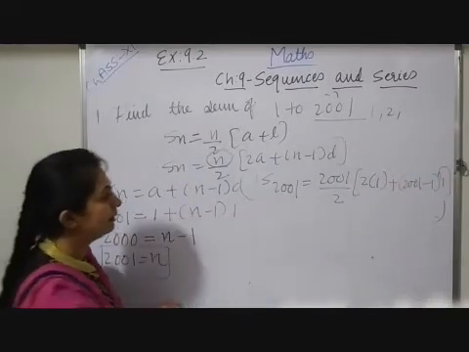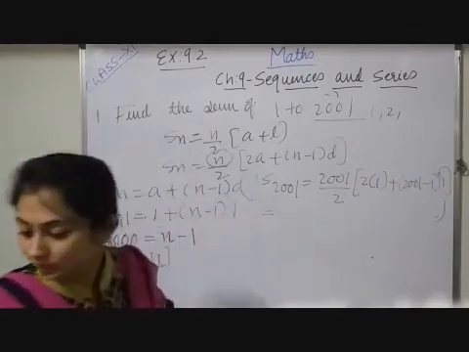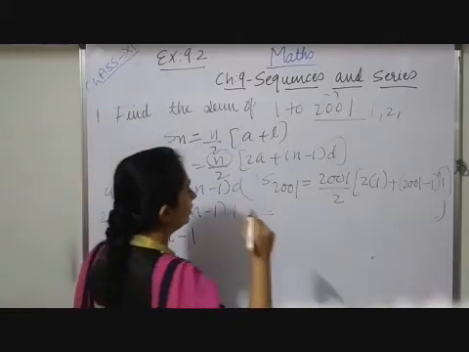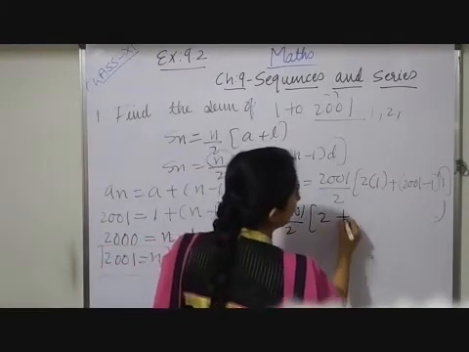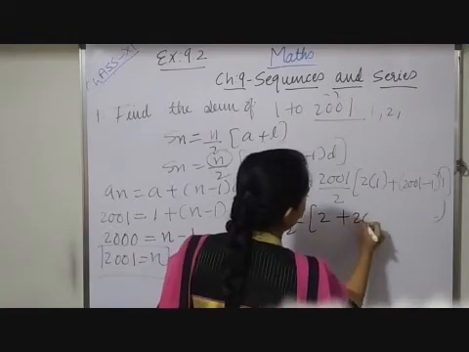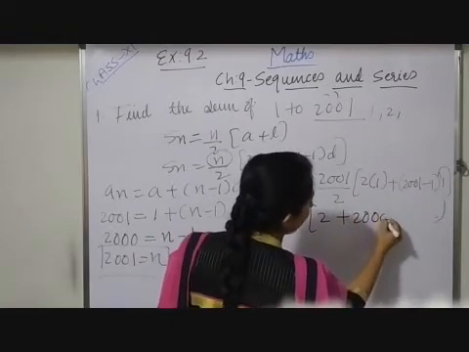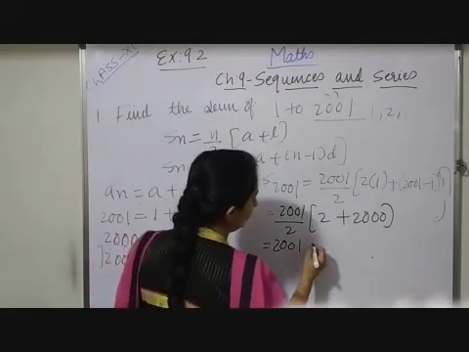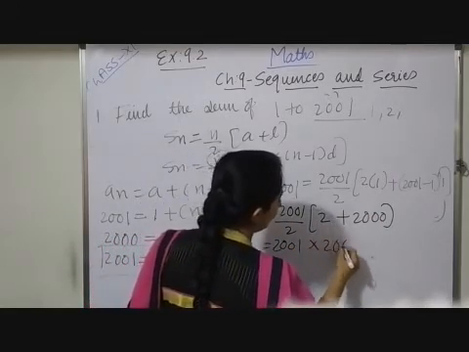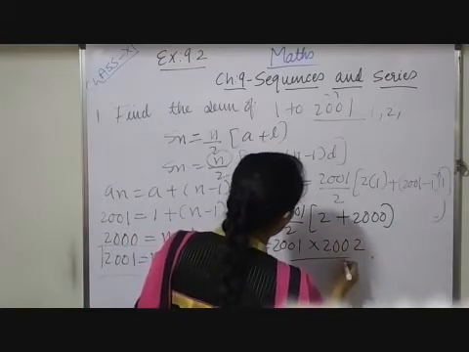Now when I simplify it, I get 2001 by 2 into (2 plus 2001 minus 1, that is 2000), so 2001 into 2002 divided by 2.